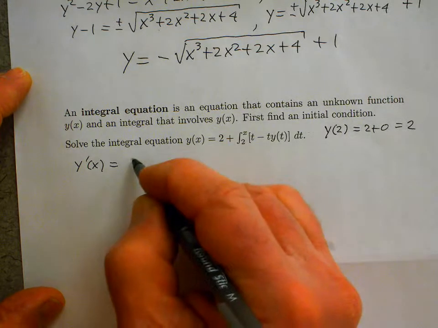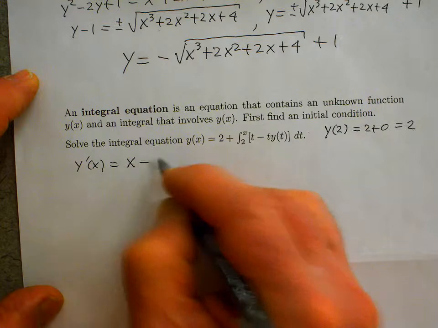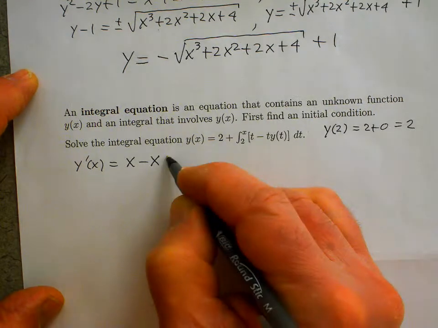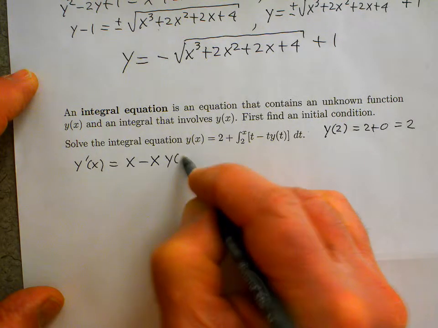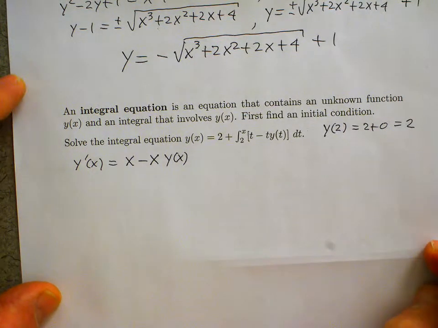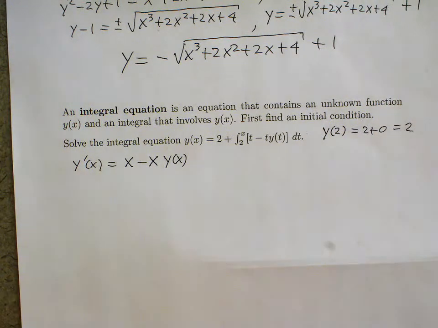So I get y prime of x equals x minus x times y of x. We're just applying one of the fundamental theorems of calculus.